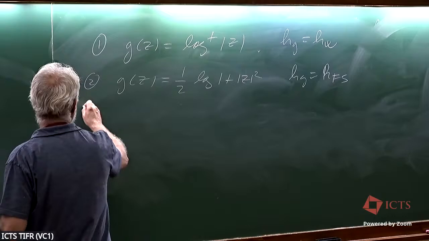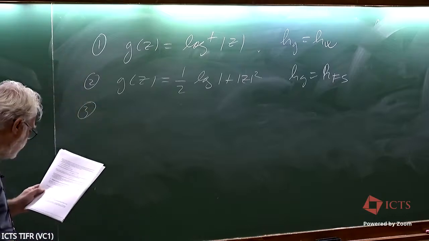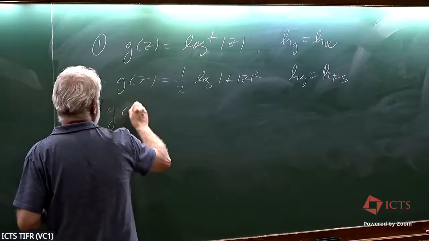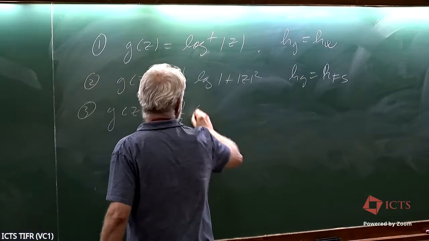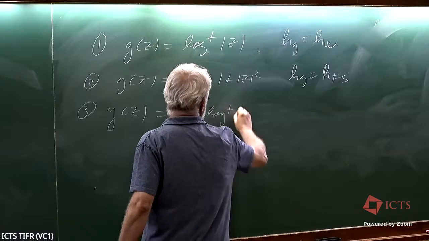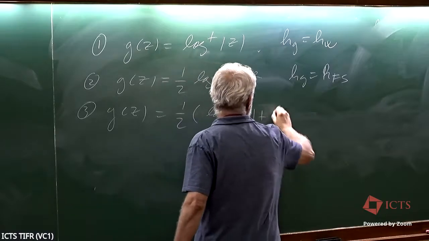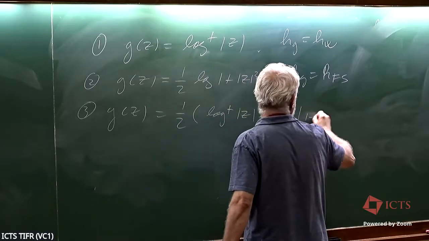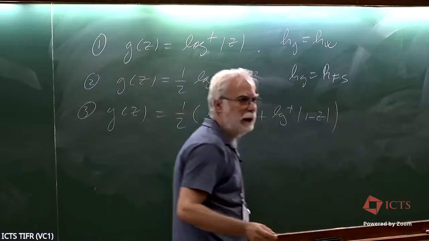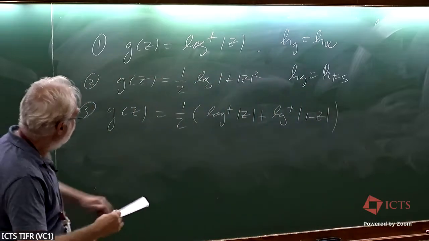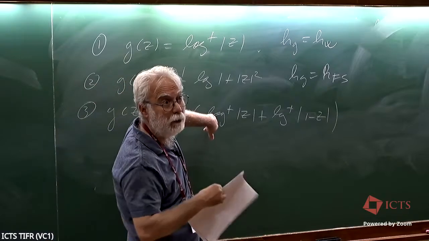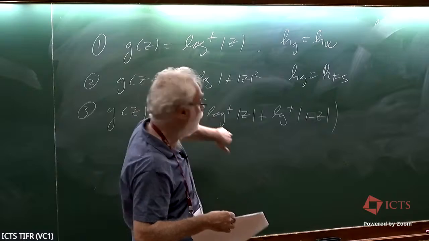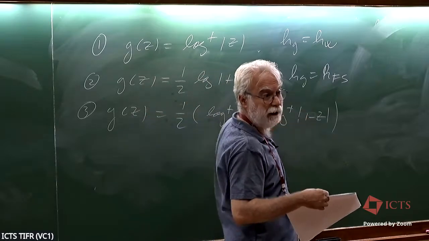Then the third example is g of z will be just 1/2 of log plus of the absolute value of z plus log plus of the absolute value of 1 minus z. I have to divide here by 2 because the asymptotic of this one when z goes to infinity is twice log of the absolute value of z, and then I have to divide by 2.